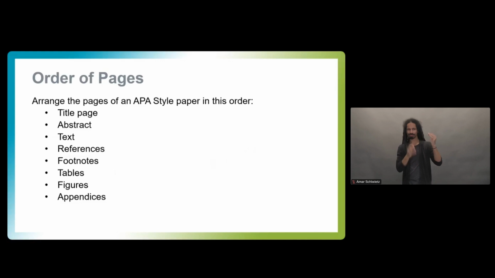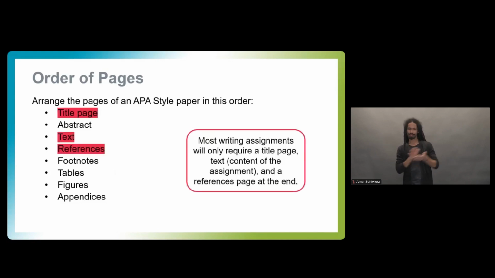references, which, as we said in our references workshop, we always say come at the end of the paper. And that's because, as it says here, most writing assignments at the college that you encounter will only require a title page, the text, and the references. That's most.